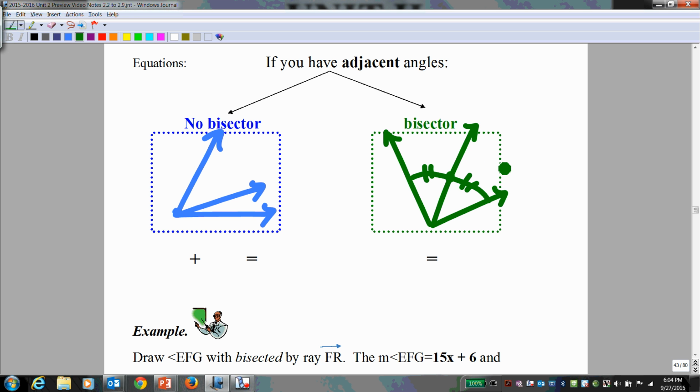You have a bisector. Now in this case, be very careful. When you don't have a bisector, you can say smaller angles add up to the big one. Little angle plus little angle equals the big one. Red plus green equals blue.